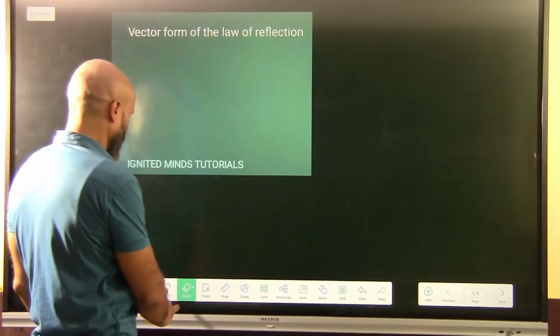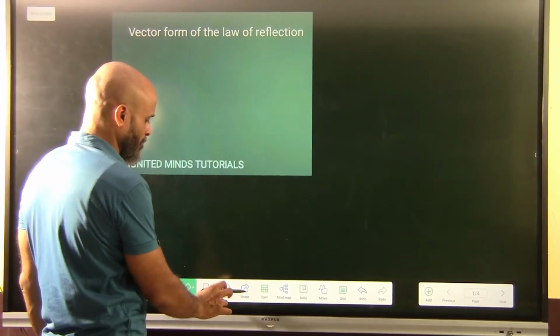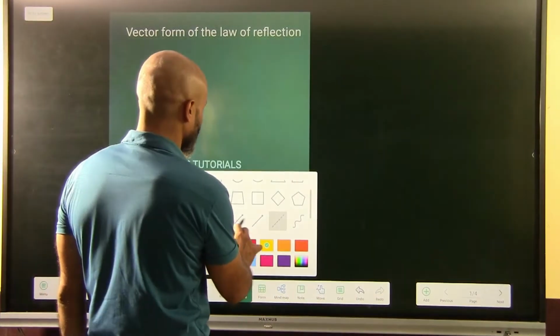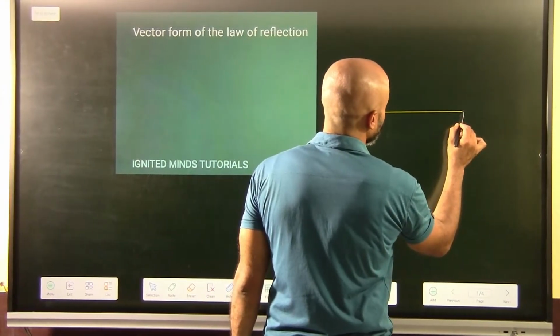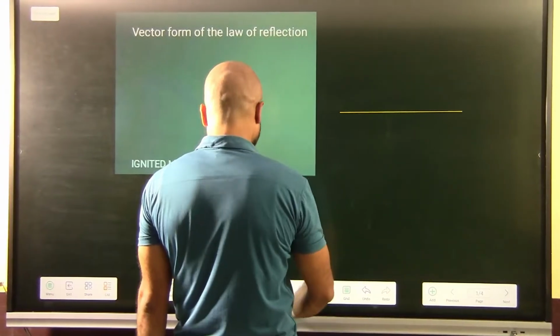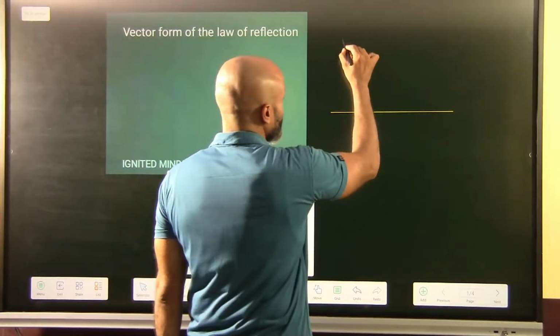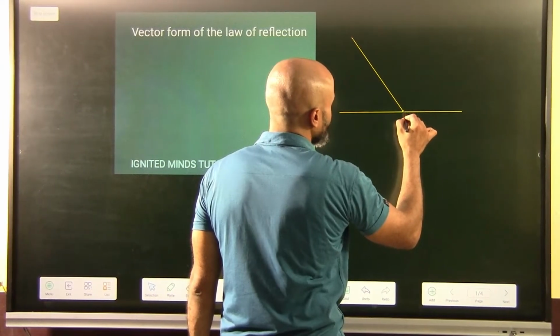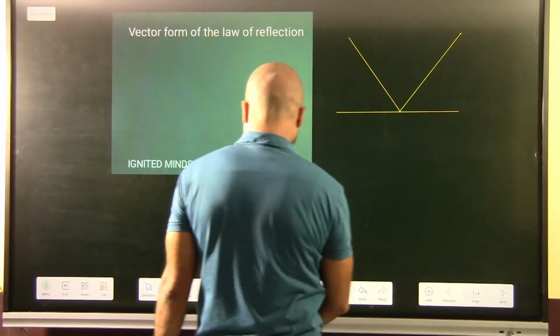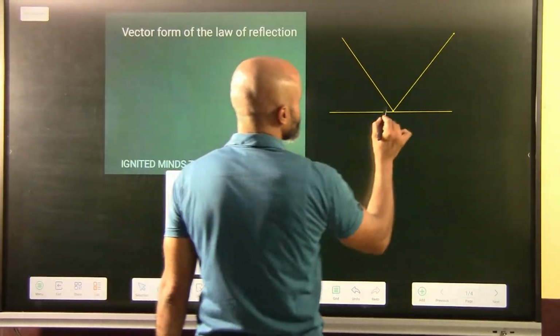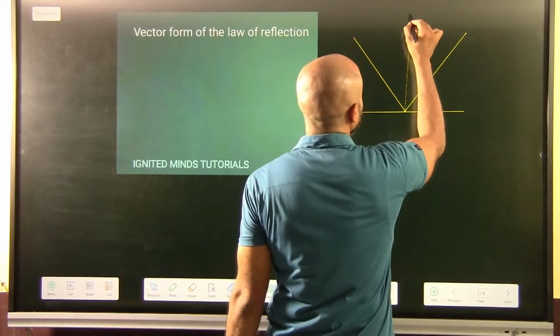So, the vector form. If we look at the simple form of the law of reflection that we have studied so far, let's say we have a plane surface where reflection is happening. So we will have an incident ray, and simultaneously there will be a reflected ray, and between them obviously a hypothetical normal.